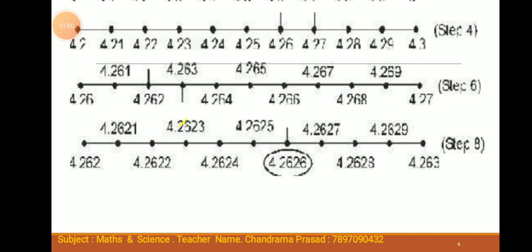4.262, 4.263, 4.264, 4.265, 4.266, 4.267, 4.268, 4.269 and 4.27.